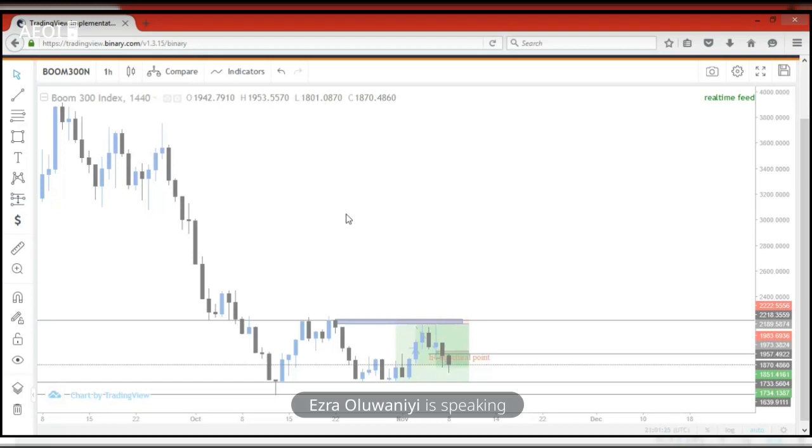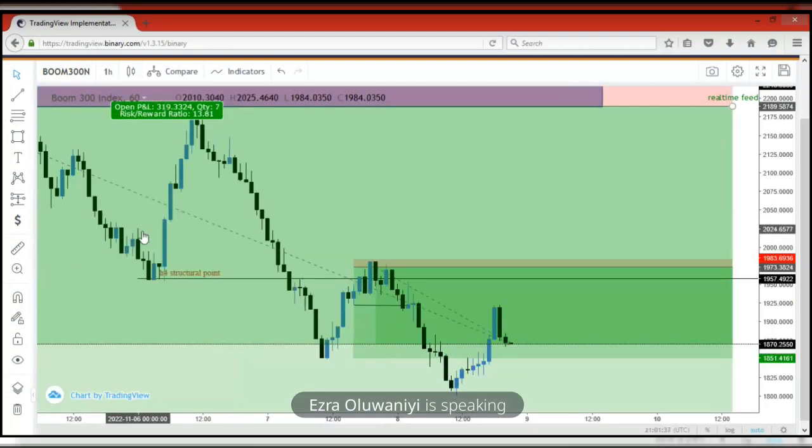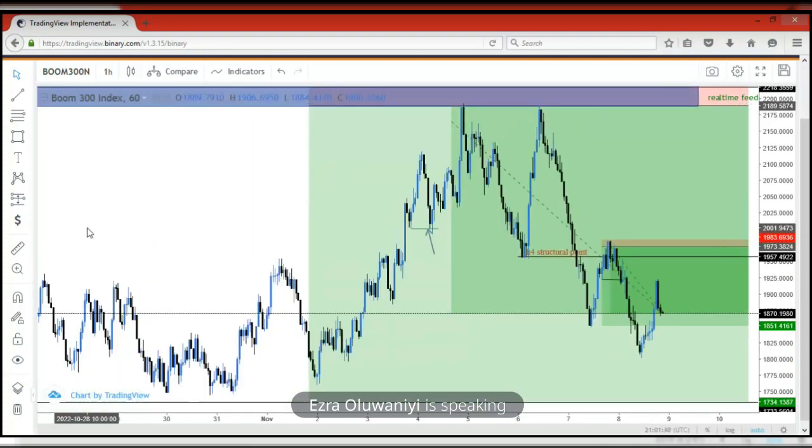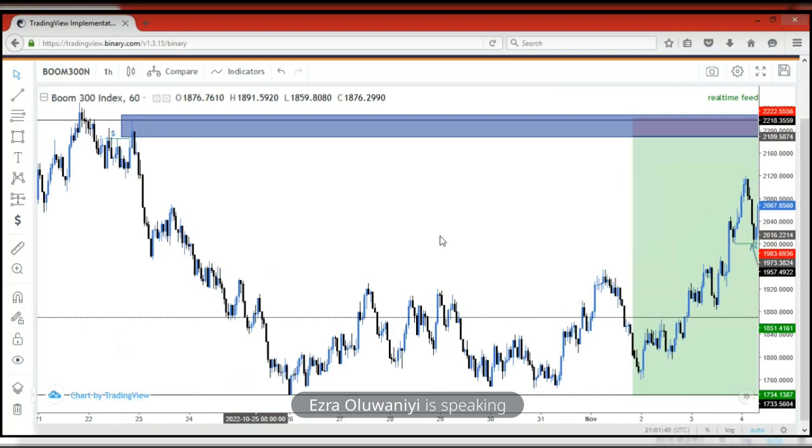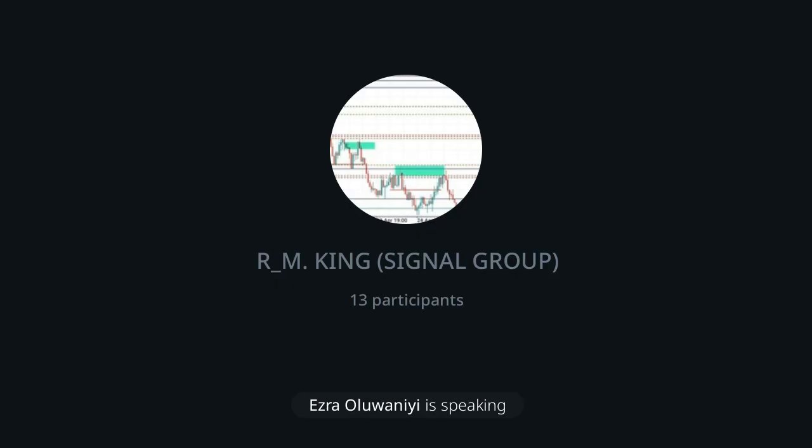Very amazing stuff. I took the sell, all these sells, I took them. There's no joke about it. All right. So now this was where price got to. Did you see the structural point here?